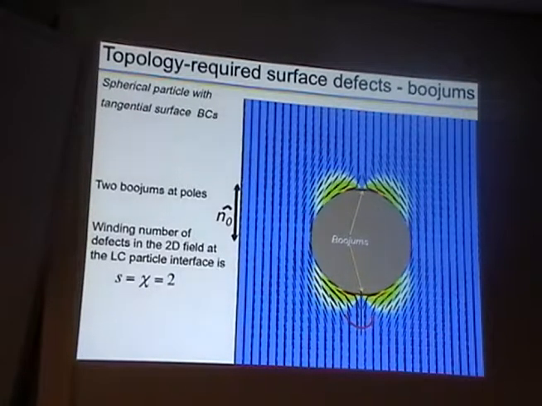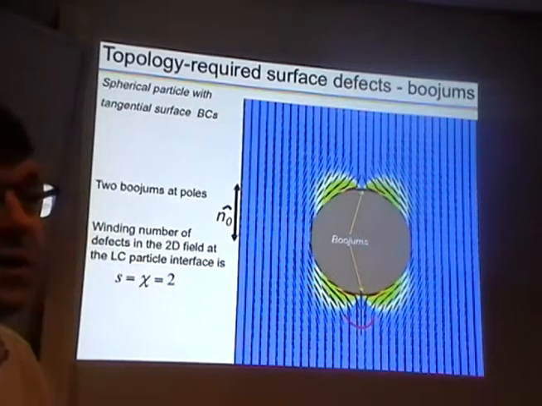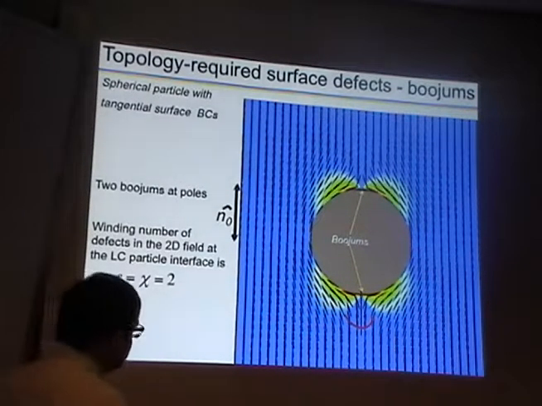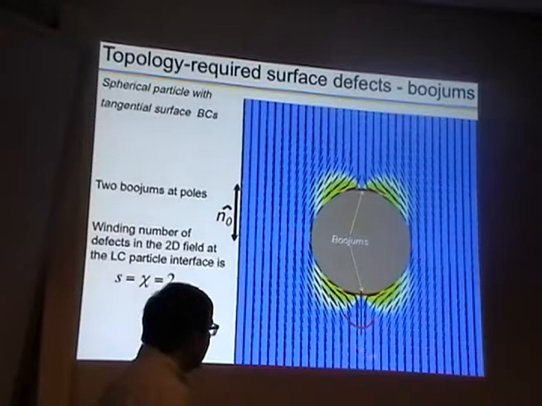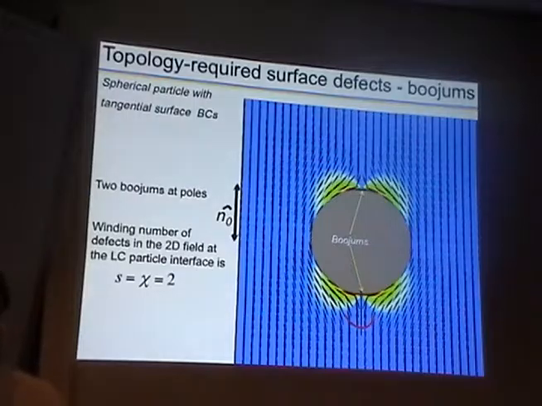So we can see now and understand how those theorems nicely work for colloidal particles in liquid crystals. Here is a spherical particle inside of a nematic liquid crystal where we have tangential boundary conditions, and we see that liquid crystal just nicely visualizes for us how this theorem should work, because indeed we note two boojums on the surface of the particle.